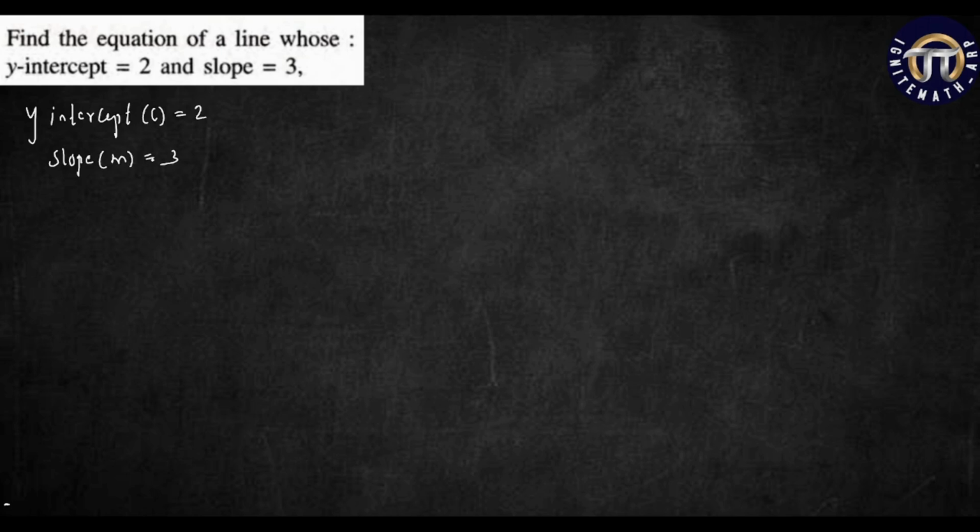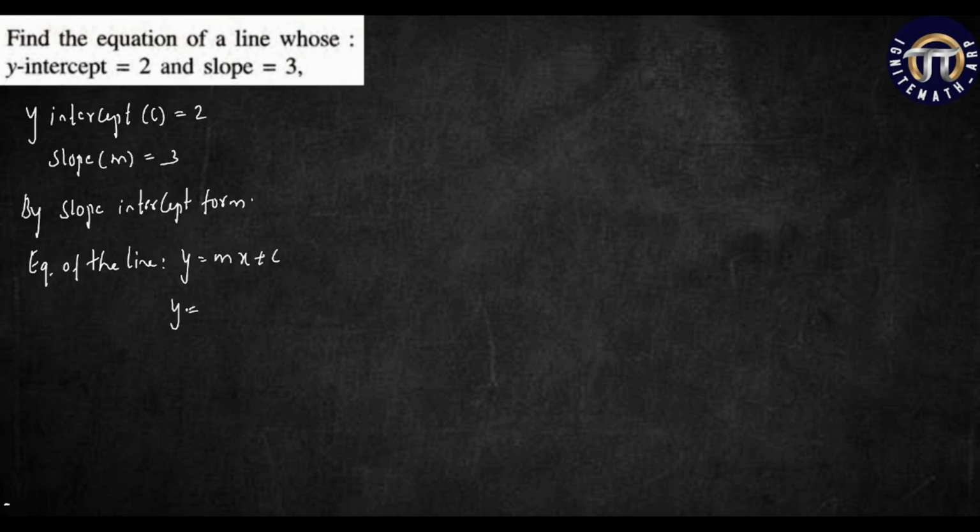So now I am given the slope of the line and also the y-intercept. My task is to find the equation of the line, children. So by slope intercept form, the equation of the line is y equal to mx plus c.